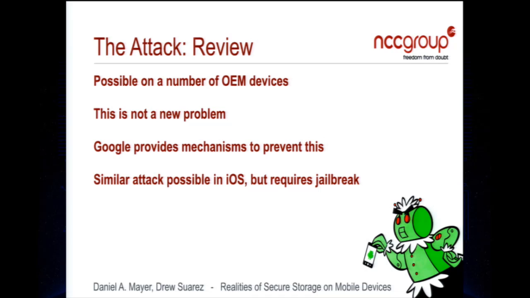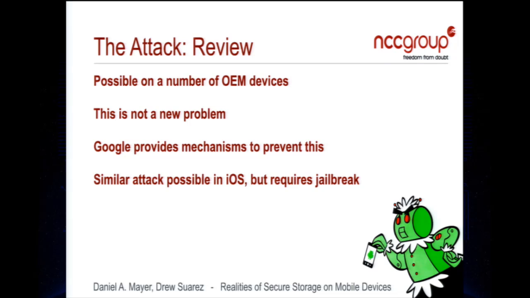This is obviously not a new problem. People have been using this to flash custom firmware on their devices for quite a while. And that's also a reason why this may be a desired feature. And Drew has some opinions on that. Now if you look at Marshmallow and other things, there's definitely a mechanism to prevent this. First of all, there is a way to verify the boot chain if you choose to. And also, since Marshmallow, Google is mandating that OEMs require an opt-in to have this feature.